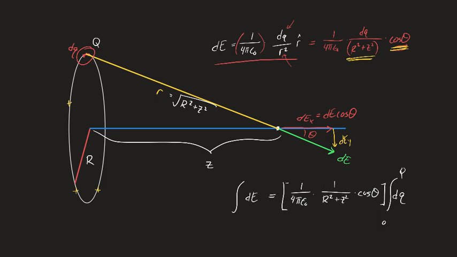Now, yes, last semester I would have forced you to say dq is probably some kind of linear density times ds. And then I would have said you need to break up the linear density into something like maybe the linear density is q over 2 pi r ds. And then I would have probably made you integrate around the circle.